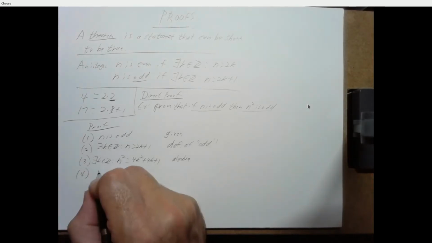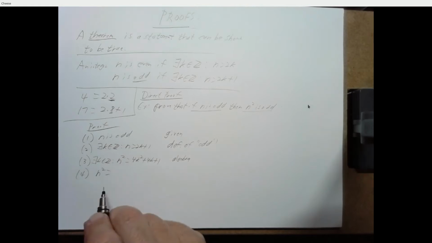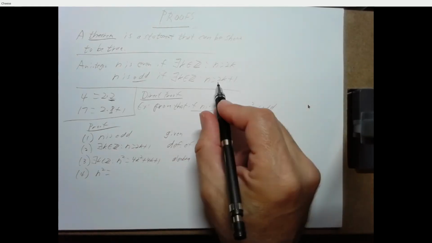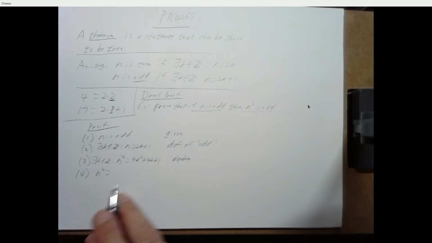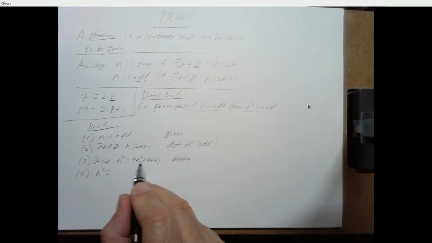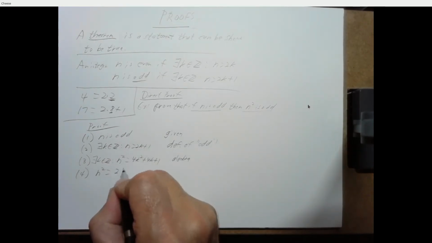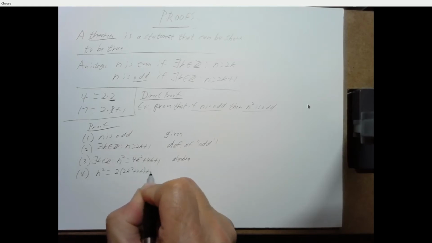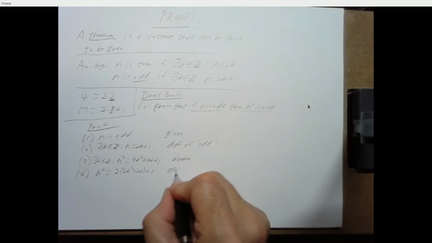Well, this means we can write n squared is equal to, and it almost looks like an odd number. It's something plus 1. To show that n squared is odd, we need to show that it's equal to 2 times some integer plus 1. Hey, guess what? 4k squared plus 4k is twice 2k squared plus 2k. So that's more algebra.